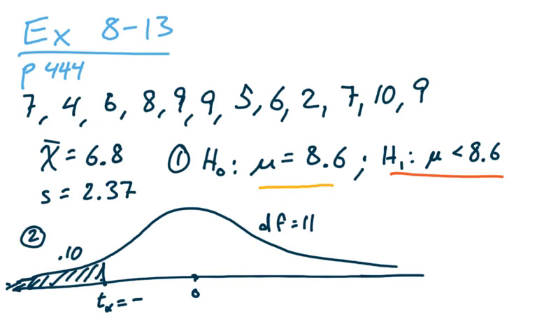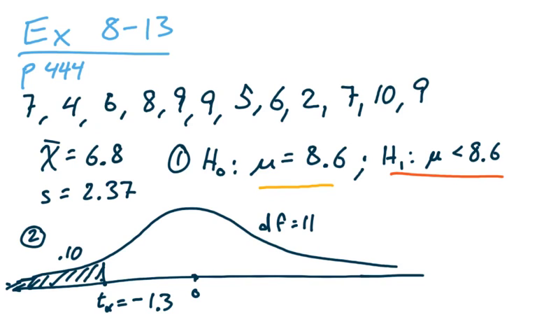So make sure you're looking in the correct row in the table. So going to row 11 and over to, well, just the first column, because that is where one tail and 0.10 converge. That corresponds to one tail alpha equals 0.10.